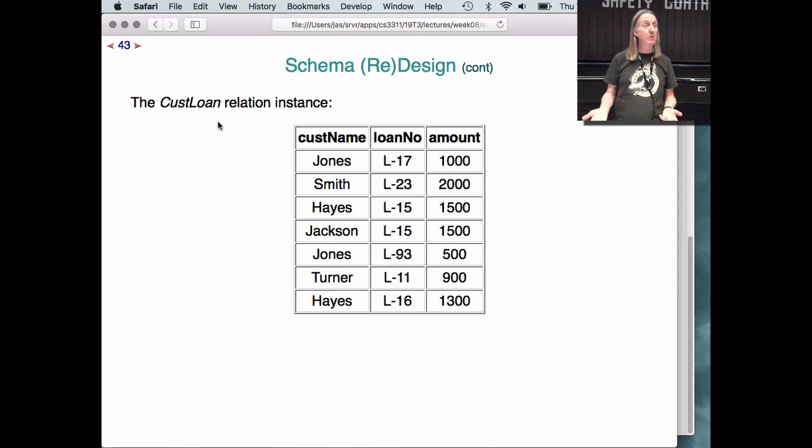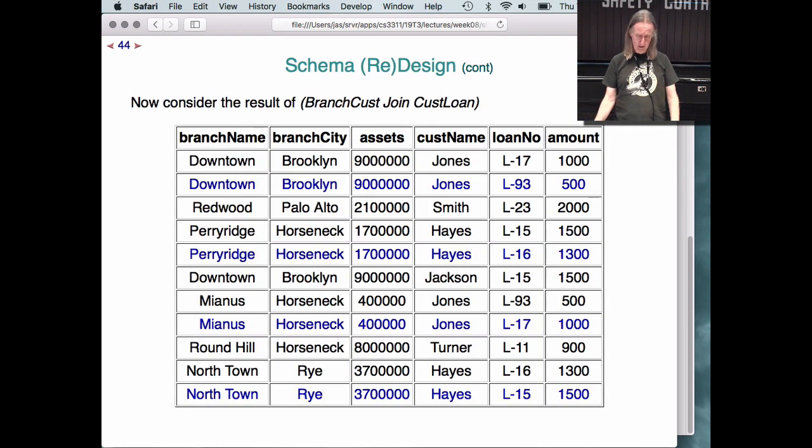Alright, so there's a decomposition which allows us to put the decomposed tables back together to hopefully reconstruct the original table, but it doesn't work. We can reconstruct all the tuples of the original table, but the way things work out when we do a join is that we end up with extra tuples. So we've got that tuple there that didn't exist in the original table. It's a byproduct of what's happening with the join.